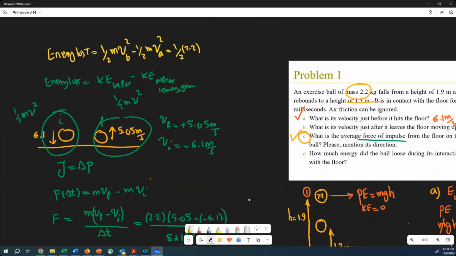What is the velocity before? 6.1 squared, minus one over 2 times 2.2 times the velocity when it's leaving the ground, 5.05 to the power of 2. If I simplify this, it's going to be 1.1 times 6.1 squared minus 5.05 squared. Go ahead and calculate this.